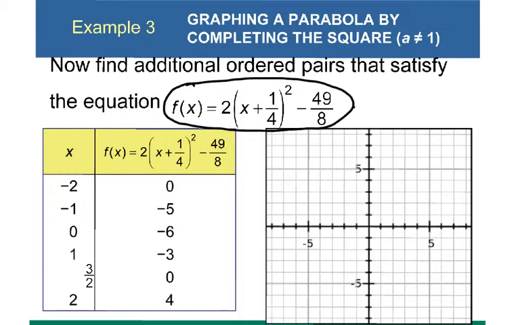You graph the vertex, and you notice where the axis of symmetry is. And mirror all of your points that are on one side to the other side. So where is this axis of symmetry? 1/4, negative 49 over 8. It's really close to negative 6.